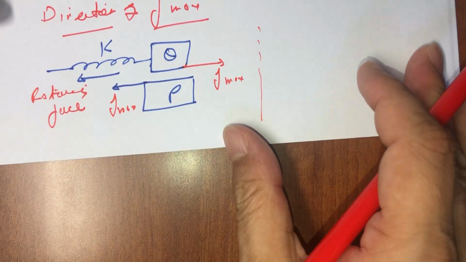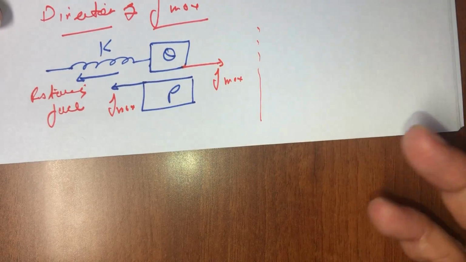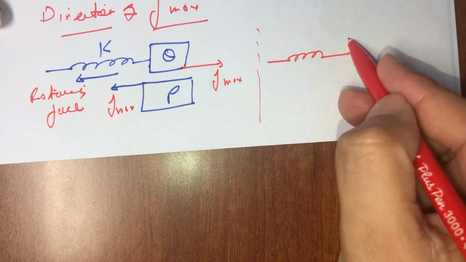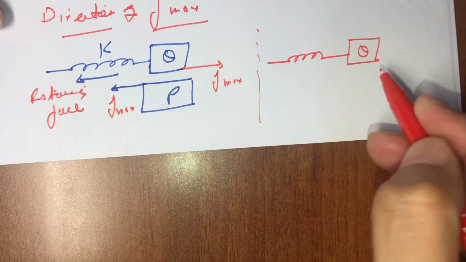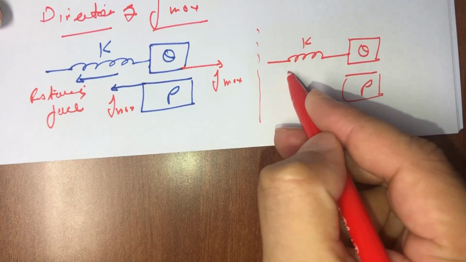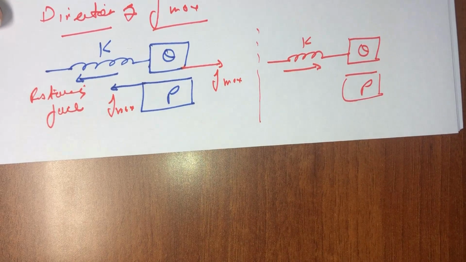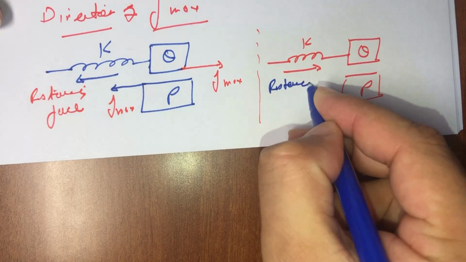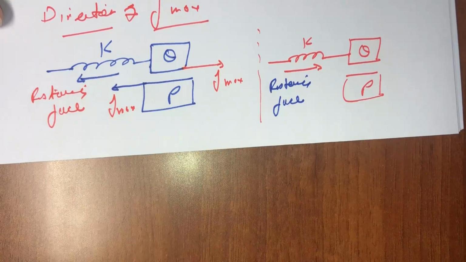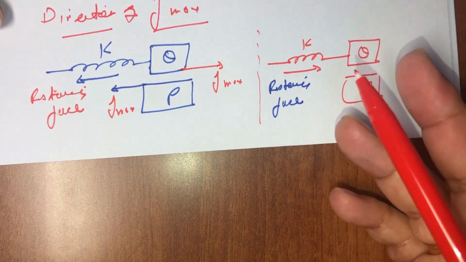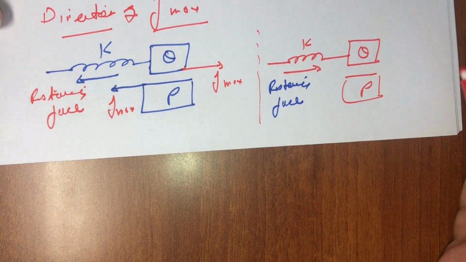And if we have the restoring force in the opposite direction, so if this is the spring and we have Q, and this is our P, and in this direction now we have the restoring force, it means that the blocks will be moving towards the right.